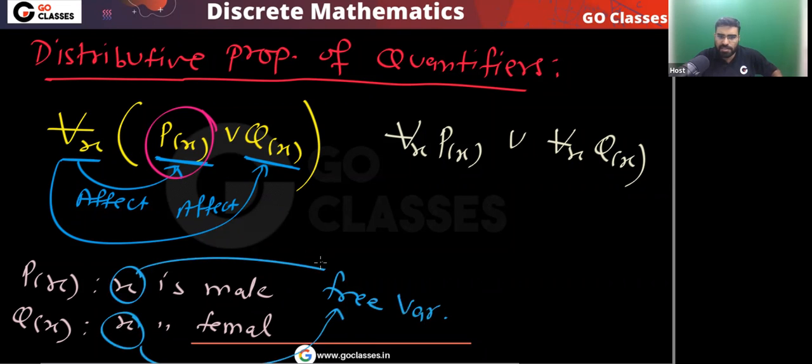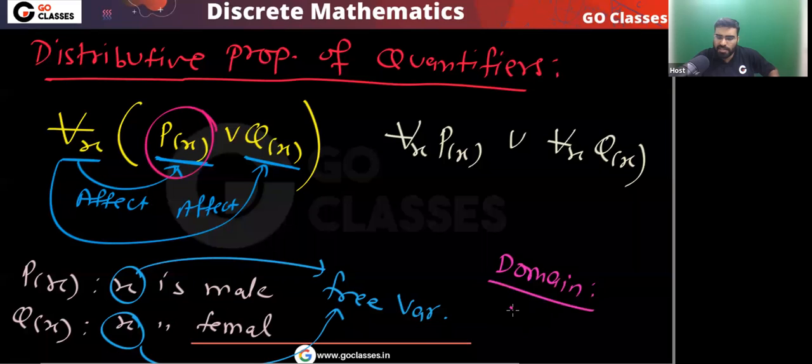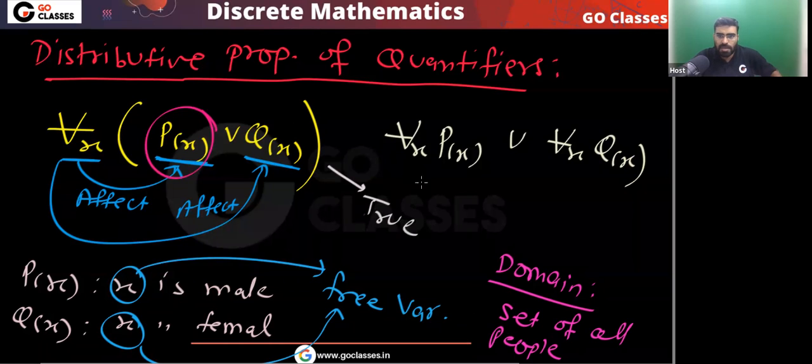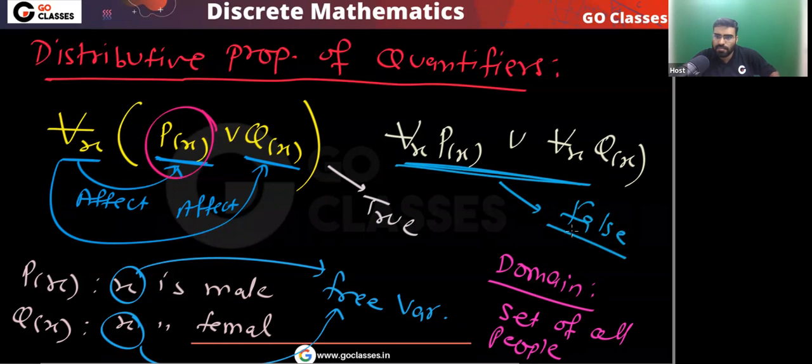Now, if your domain is the set of all people, which expression will be true? You can easily notice that this expression will be true, but this expression will be false.